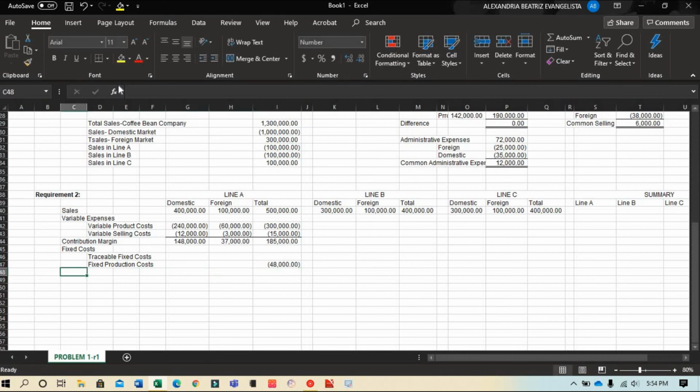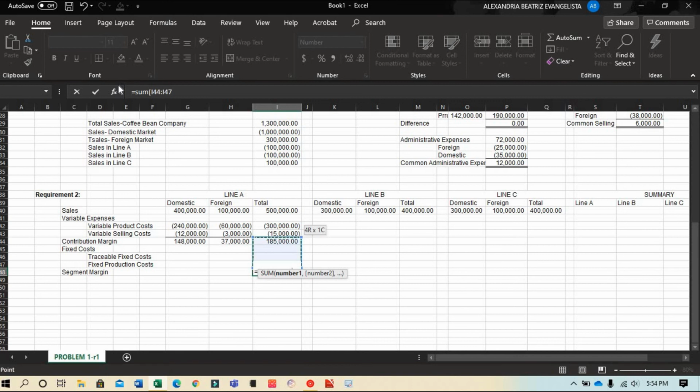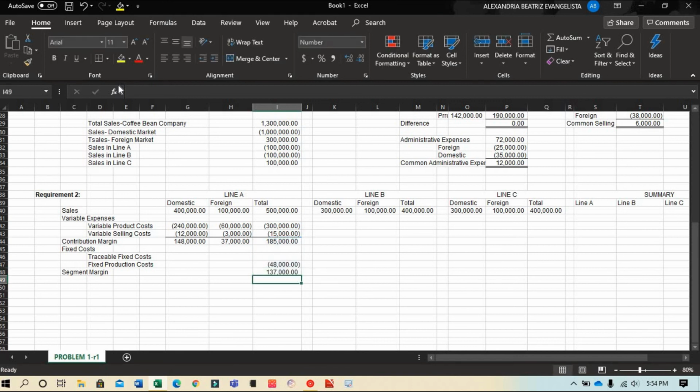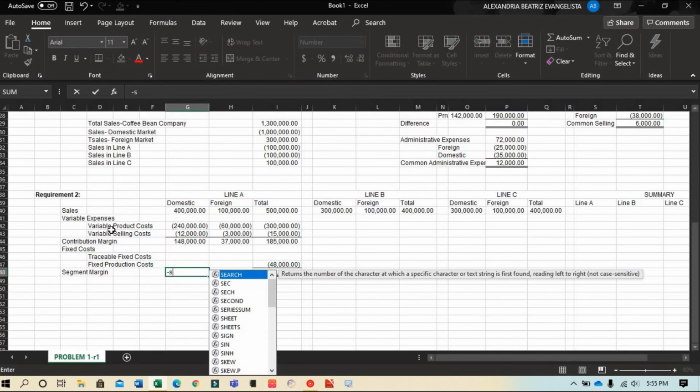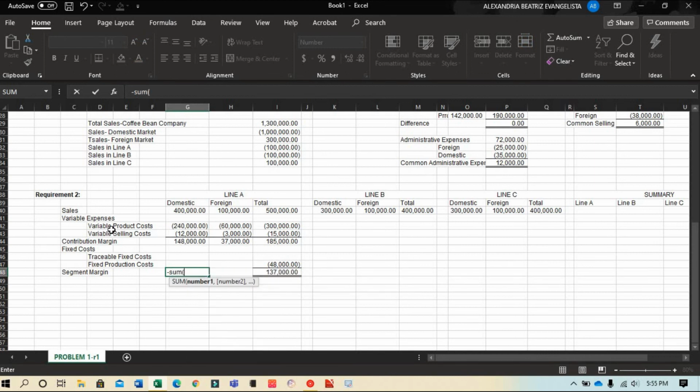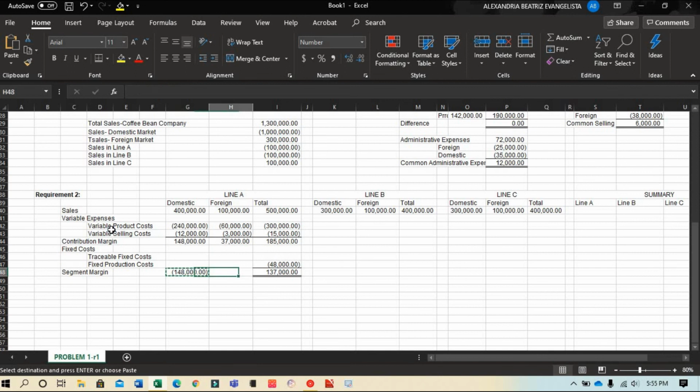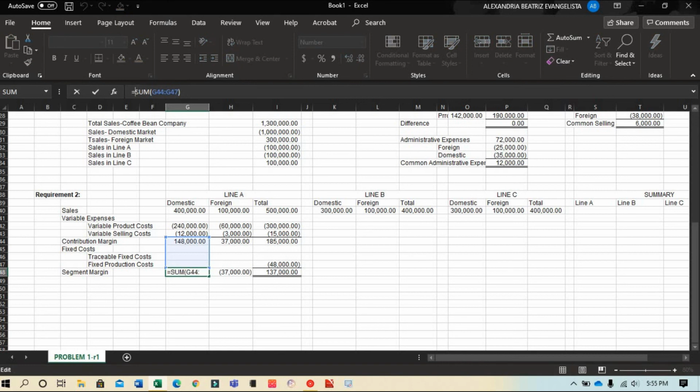Now we could compute for the segment margin of line A, which is $137,000. So I'm just going to double rule that. Let's double rule this as well.